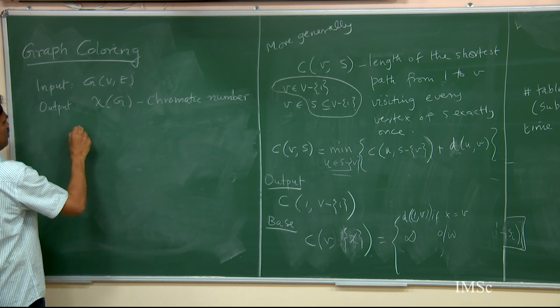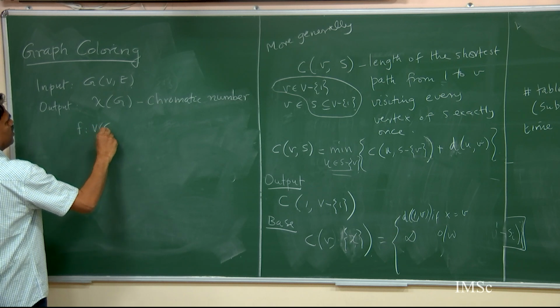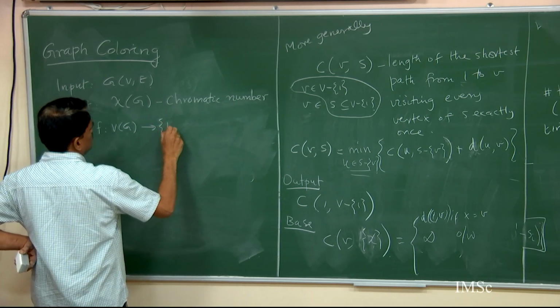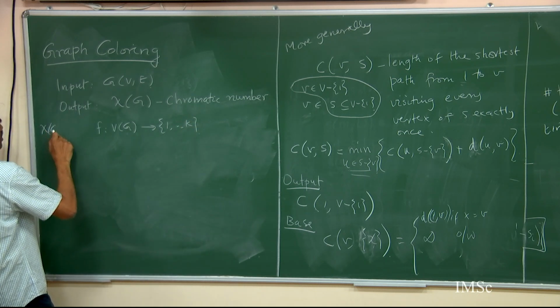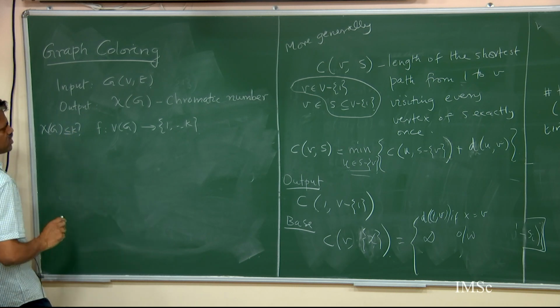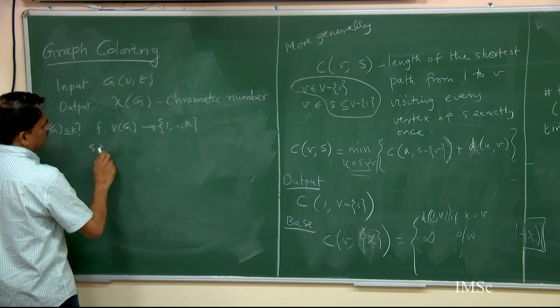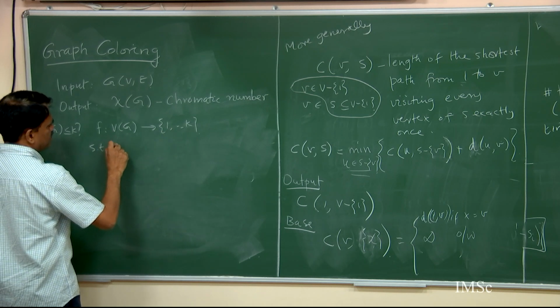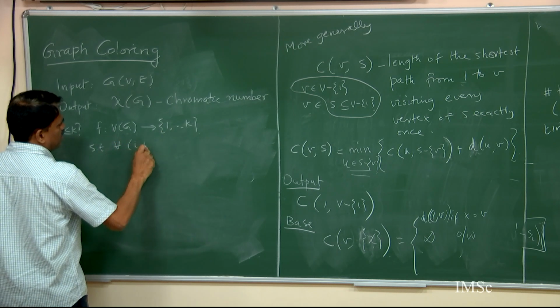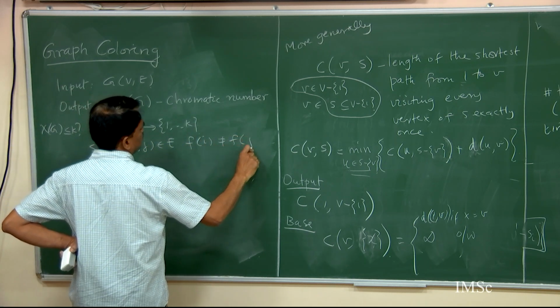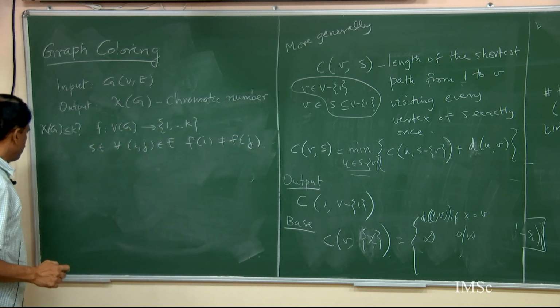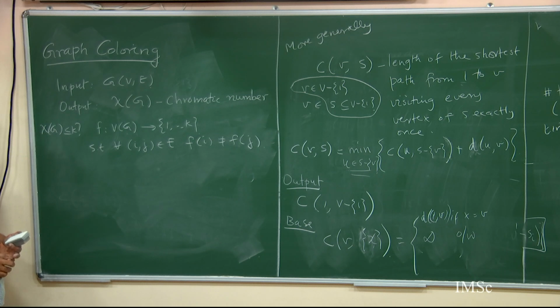So it's a function from the vertex set to some k. Let's ask the question: is the chromatic number less than or equal to k? Can you color the vertices 1 to k such that for all i j in E, f of i is not equal to f of j? You want to color the vertices with at most k colors, so that whenever there is an edge, the endpoints get different colors.